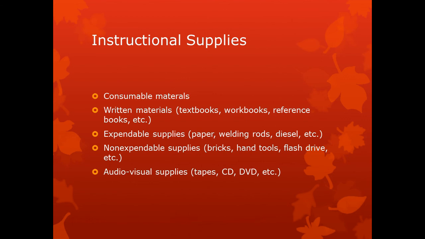The old cassette tapes worked real well for audio recordings, but after you used them enough, they would start to get scratched and crinkled up, and the sound quality would start to go down, and we'd need to do it again. So instructional supplies are really a critical part of our programs, and we need to also order them whenever we need them.